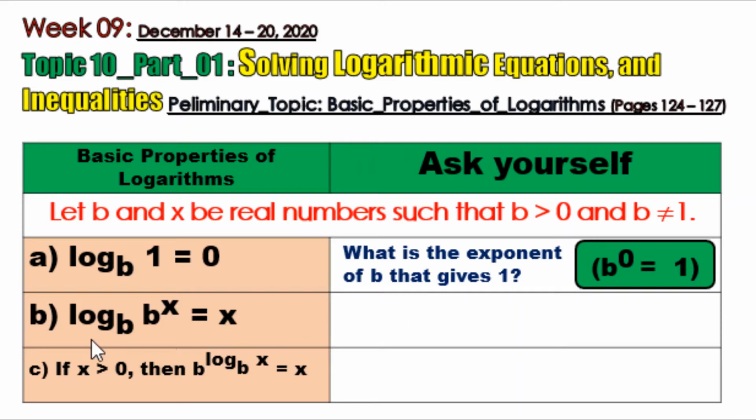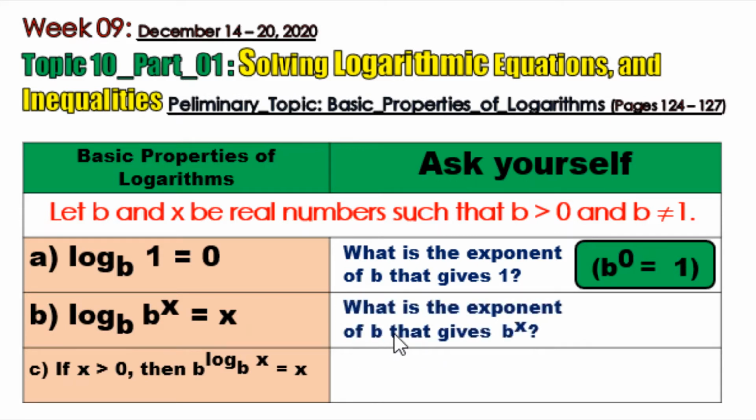For the second property, we have the logarithm of b raised to x to the base b is equal to x. Ask yourself, what is the exponent of b that gives you b raised to x? Of course, that would be x.